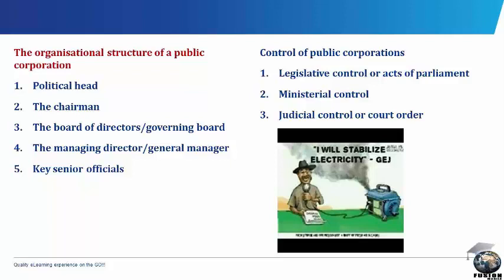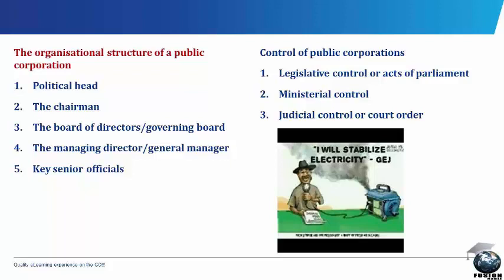Number 5, key senior officials. The management is made up of key senior officials who assist the managing director / general manager in overall administration of the corporation. As heads of different units, they also supervise other categories of staff.